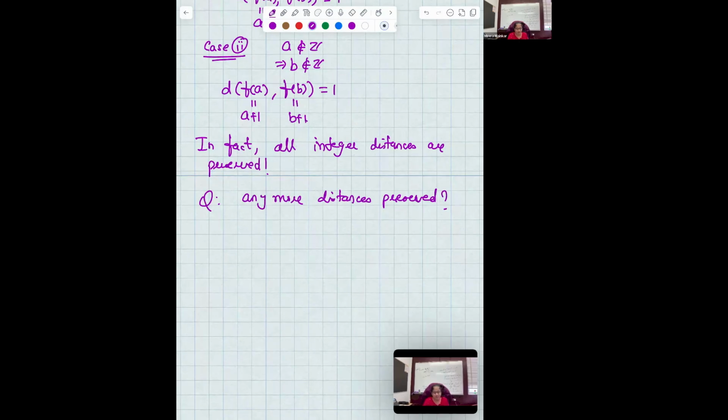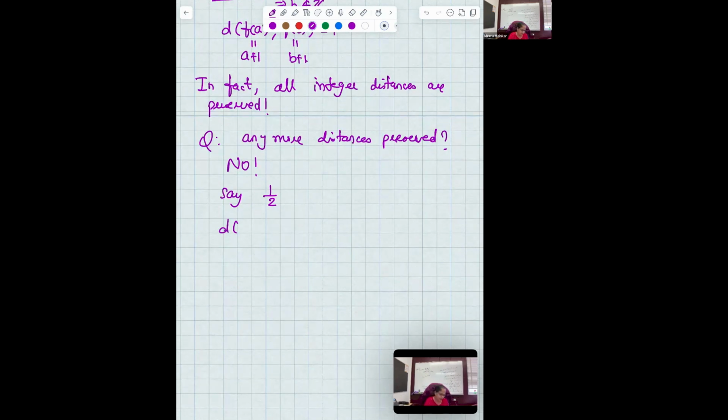And the answer is no, because for example, if you take, say, 1/2, and ask whether the distance 1/2 is preserved, you can easily see that this is true for the points, but what is the distance between the image of 0 and the image of 1/2?